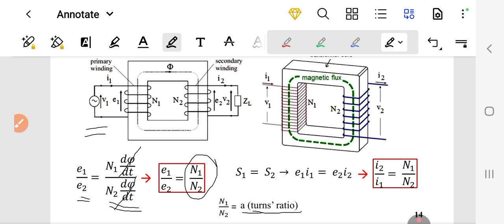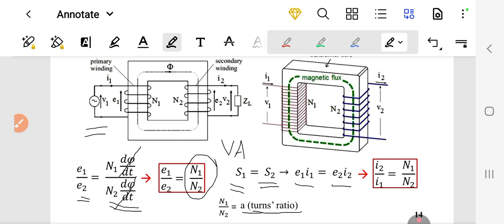As we are dealing with an ideal transformer, the input power will be equal to the output power, and we are talking about the apparent power, which is measured in volt ampere, kilovolt ampere, or megavolt ampere. Therefore, we have S1 equals S2, S1 equals E1 I1, and S2 equals I2 E2.